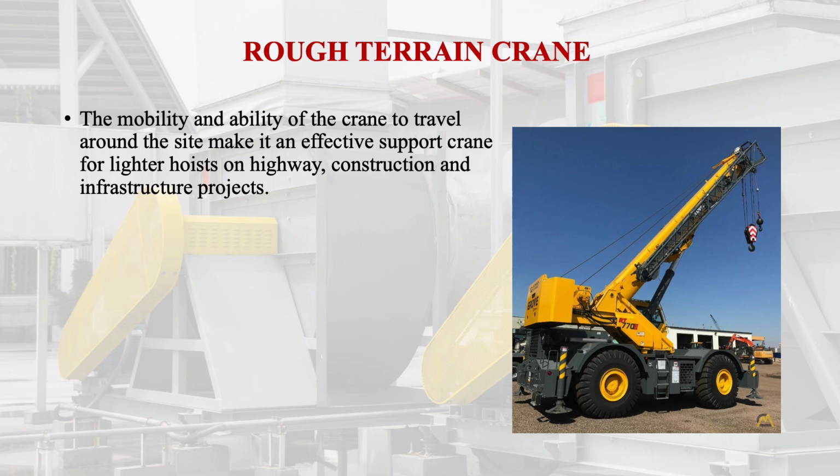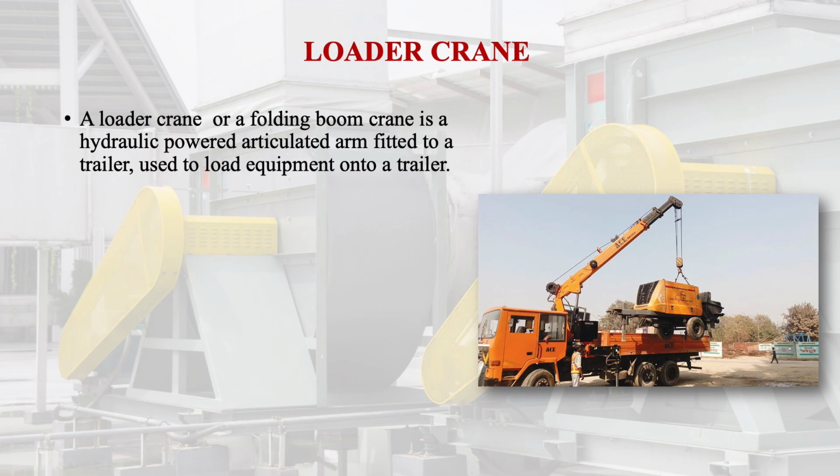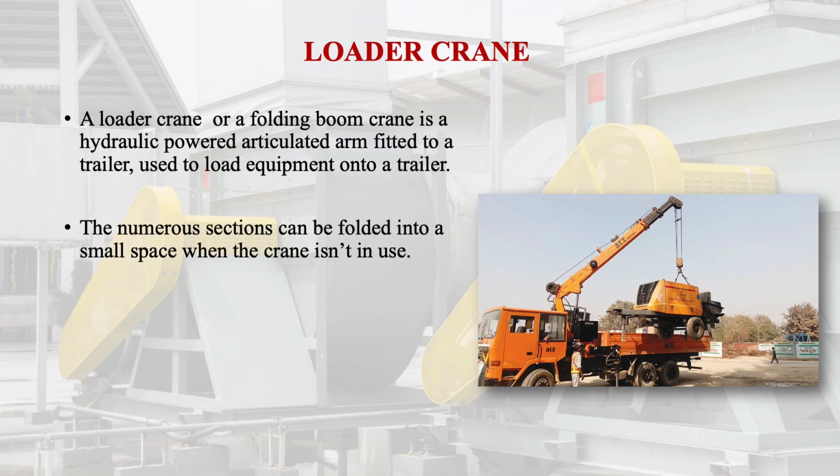There is another type of crane we call the loader crane. As the name suggests, loader cranes are normally called folding boom cranes. It is a hydraulic powered articulated arm fitted to a trailer, used to load equipment onto a trailer. The numerous sections can be folded into a small space when the crane is not in use.